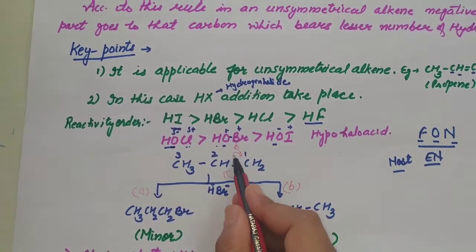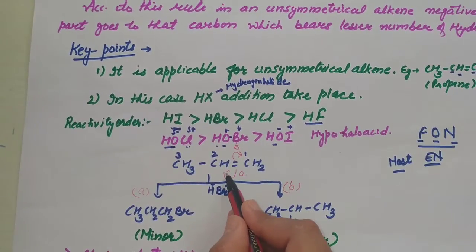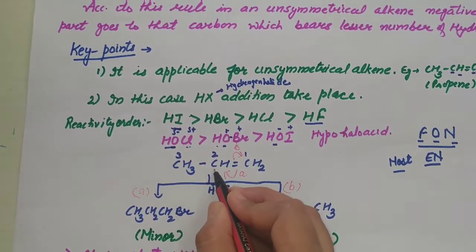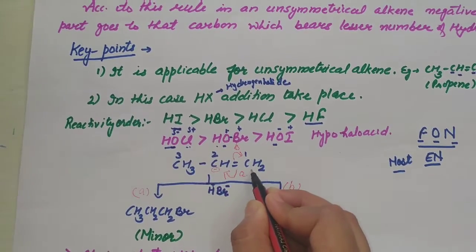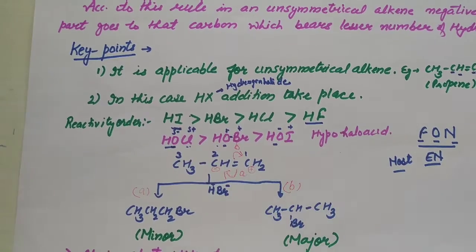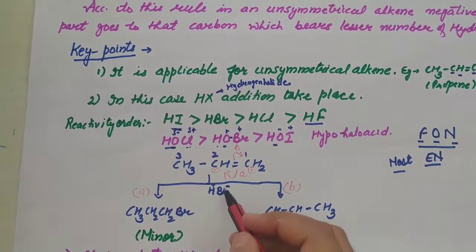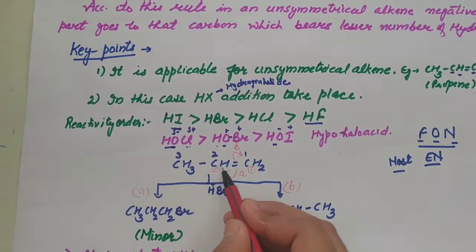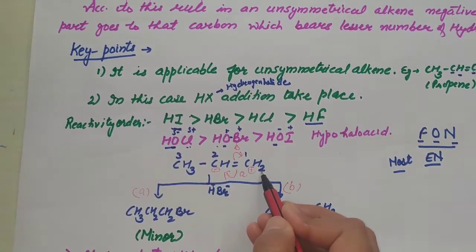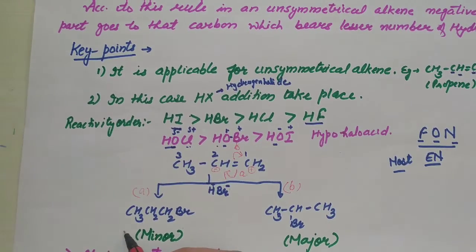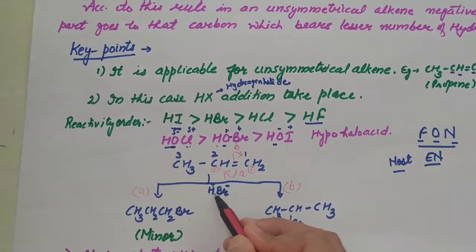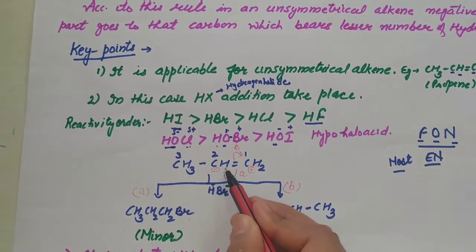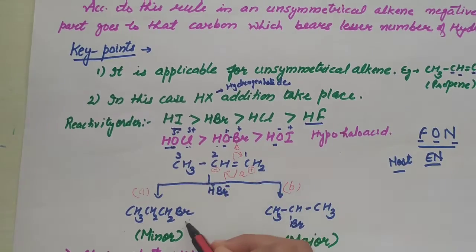Firstly I consider the A part. If the bond shifts over there, then this will get a negative charge and this will get a positive charge. And the negative part, if this is negative, then H goes there and Br goes there. And this one gives the product CH3 CH2 CH2 Br. Because what will come on the negative? Positive charge. So H will go there, CH2, and Br goes there.